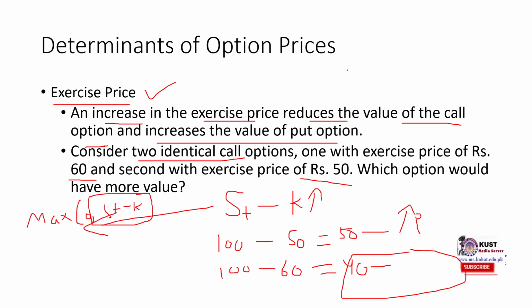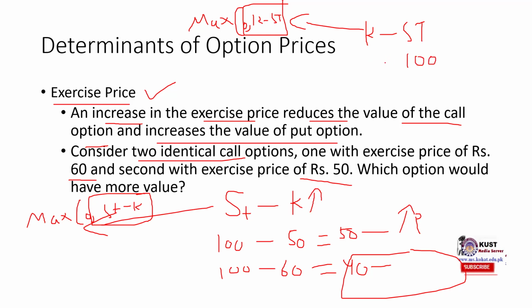What about the put option? If you remember, the value of the put option can be calculated by K minus ST, and this comes from the formula of a long put, which is the maximum of 0 comma K minus ST. This part is used to find the value. So again, taking the previous example, if ST is 100 and K is 50, we get the value of minus 50.